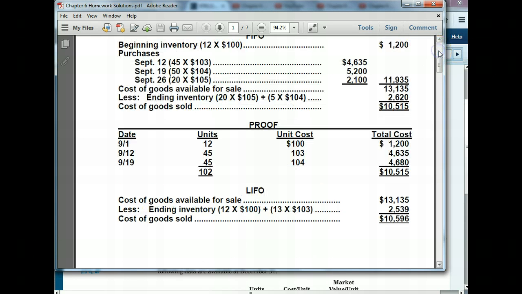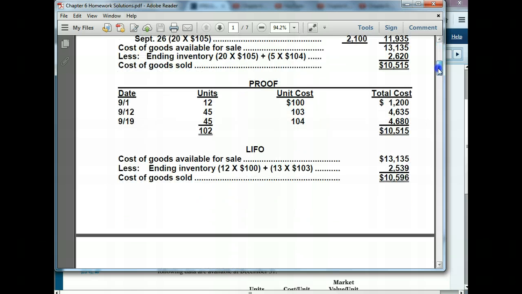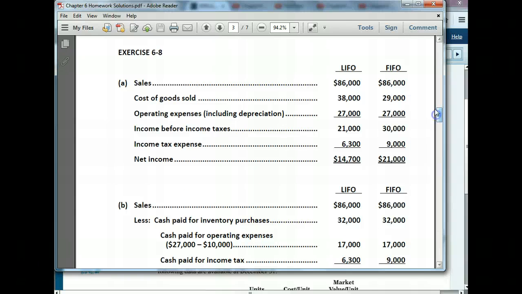So what we're going to do to determine this is take $86,000, and I'll keep this up for a bit so you guys can look at it. $86,000 is your sales no matter what. Your cost of goods sold they've given you. You end up with a gross profit after that, but they're keeping it a real simple income statement.